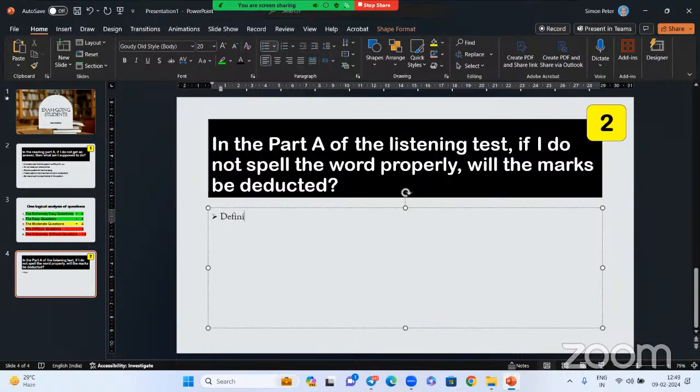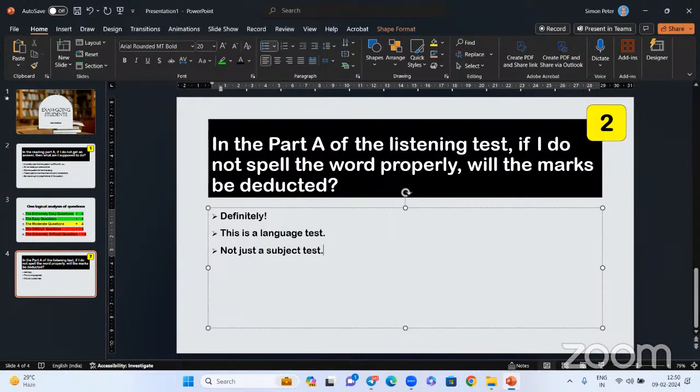Absolutely. No doubt regarding that. Definitely your marks will be deducted because this is a language test, not just a subject test.